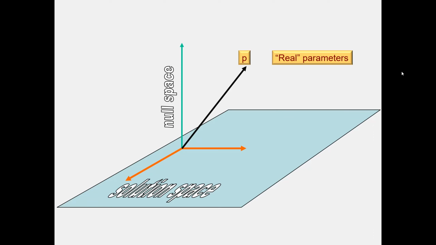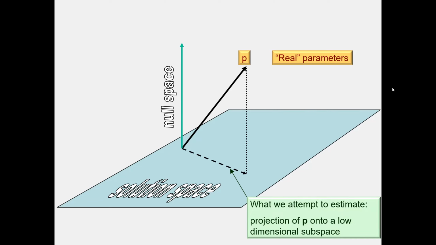Reality then is a vector in a very high dimensional parameter space. Singular value decomposition tells us that the best I can hope for in back calculating parameters is not reality, because reality is not mine to know. I will never know reality.